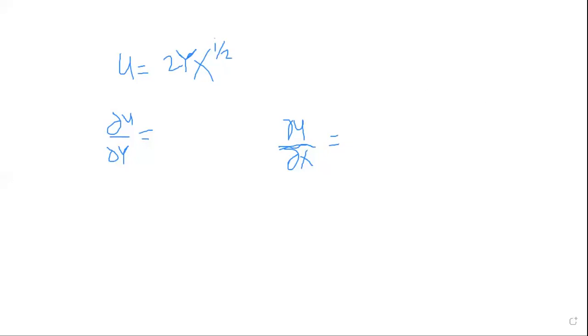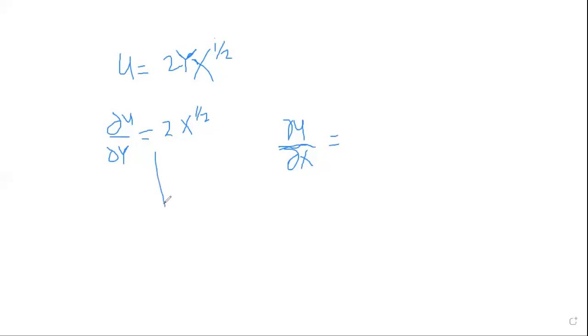Okay, so please, let's get this. If you are differentiating with respect to y, assume that all the other variables there are constant. So with respect to y, I'm going to have 2x to the power half, right?